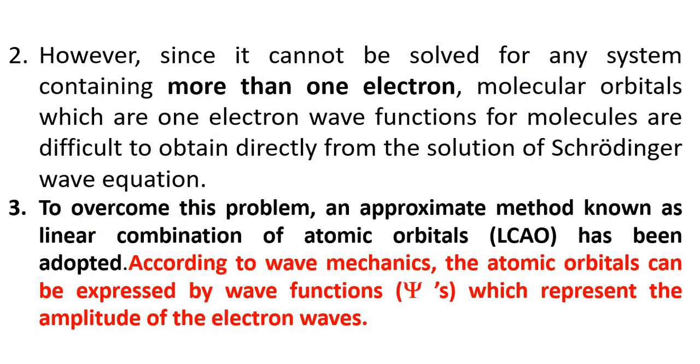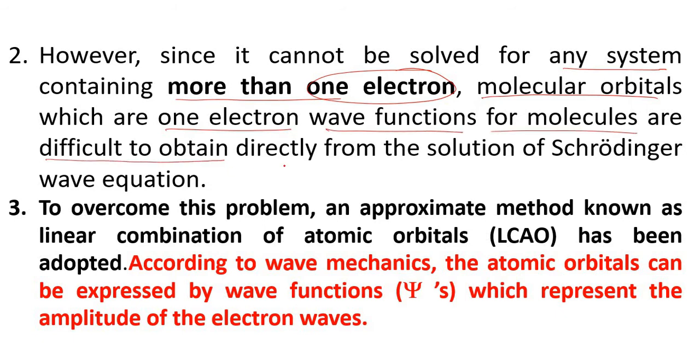Now however, it cannot be solved for any system containing more than one electron. Now remember this: it cannot be solved for any system containing more than one electron, so molecular orbitals, which are one-electron wave functions for molecules, are difficult to obtain directly from the solution of the Schrodinger wave equation, right?